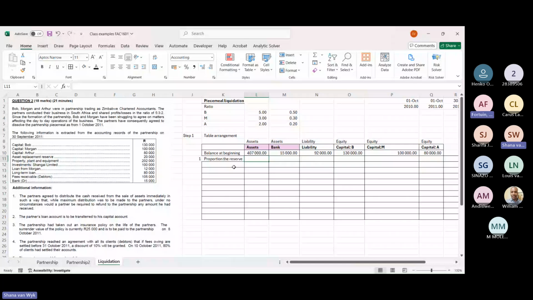So we need to subtract. No, asset replacement reserve is equity. So it's on the credit, but now we're closing it off. So we're going to debit it. And then when we carry it over, we credit it. Sorry, I was speaking nonsense.